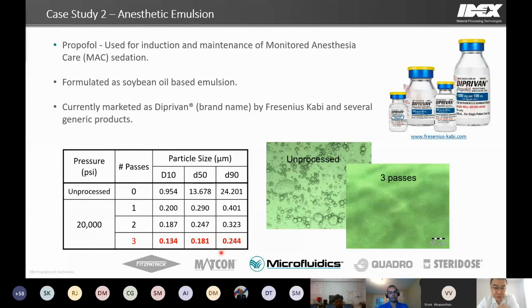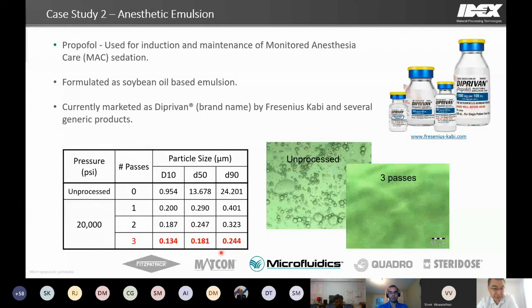I don't really have an example shown here, but I can make a quick comment. If you're talking about solids, that varies a lot depending on the type and nature of the material. Sometimes we are very efficient at reducing a lot of different materials, especially down to the micron or sub-micron range.